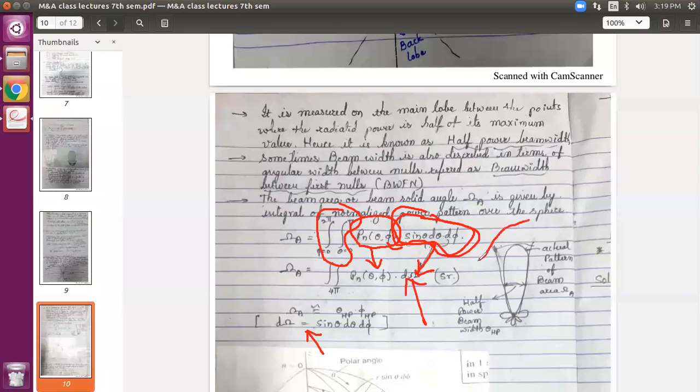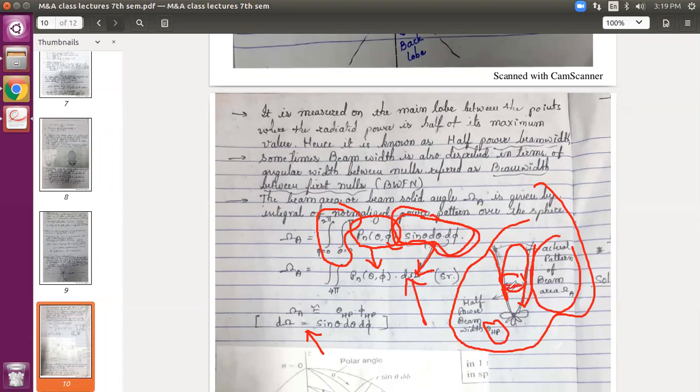You can have a look here also. I have drawn one figure. This is your actual beam width, right? And the beam width between these two lines we call theta HP. This is your actual beam area, and in between these two we call it theta HP. HP means half power.